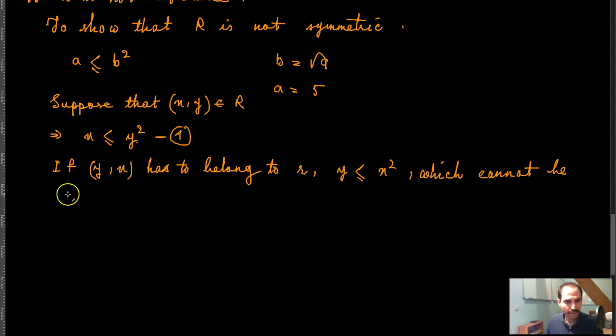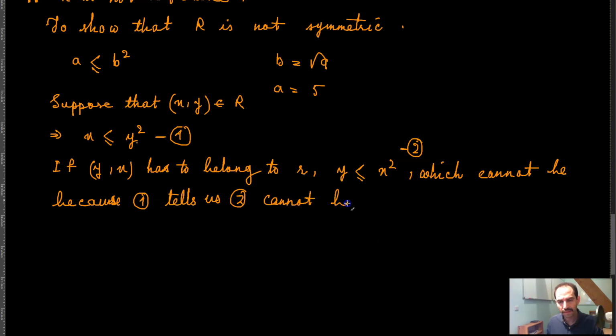because one tells us that, basically, let's call this number 2, it tells us that 2 cannot be the case based on our assumption.